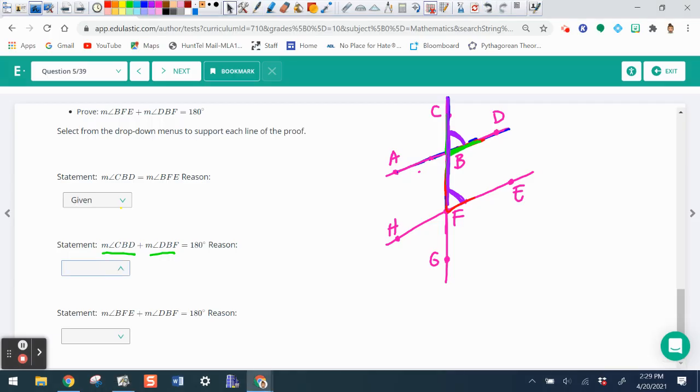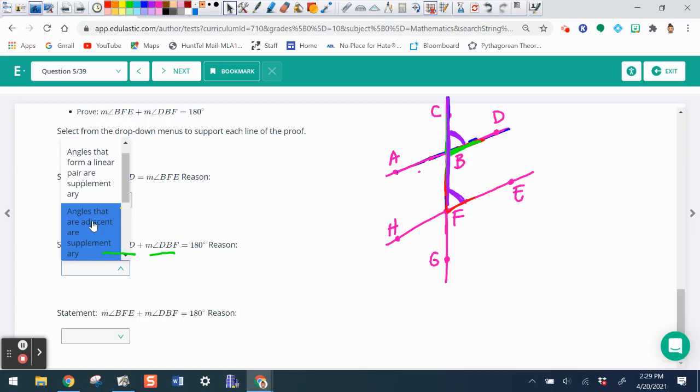Let's just look at the reasons, make sure that that is actually there. Angles that form a linear pair are supplementary. Angles that are adjacent are supplementary, not always. Reflexive property of equality, nope. Substitution property of equality. Well, if you forgot, supplementary means two angles that add up to 180. So it's either angles that form a linear pair are supplementary or angles that are adjacent are supplementary.